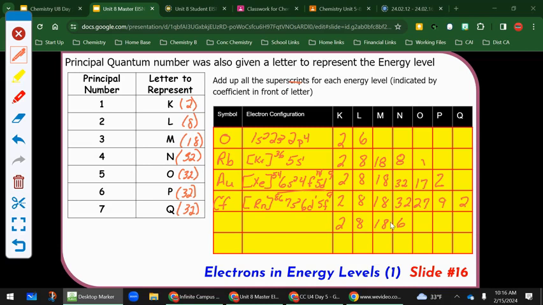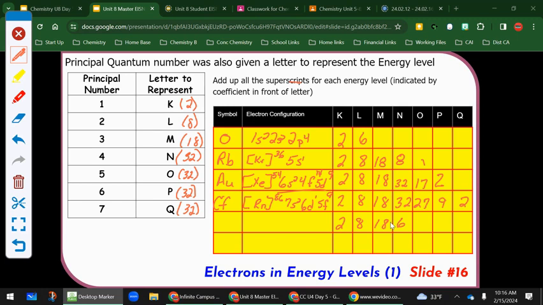The values of M are from negative L to L. L represents the subsidiary number. So when L equals 0, M equals 0. That's the numbers from 0 to 0. But when L equals 1, now we get 3 values: negative 1, 0, and 1.